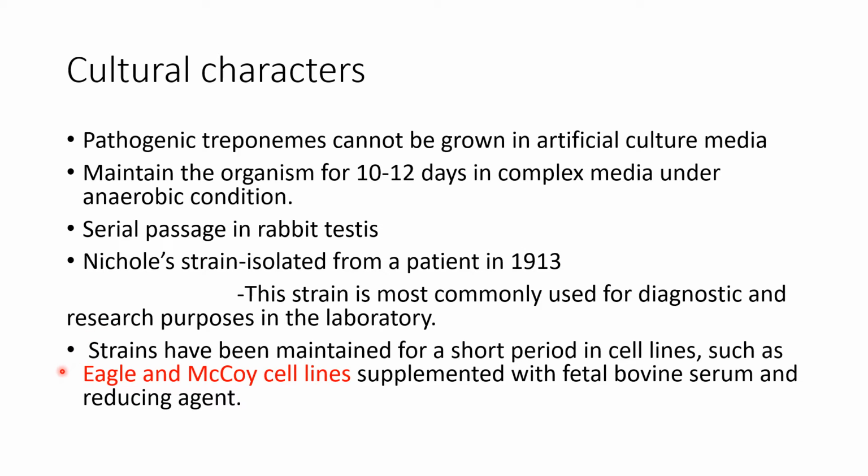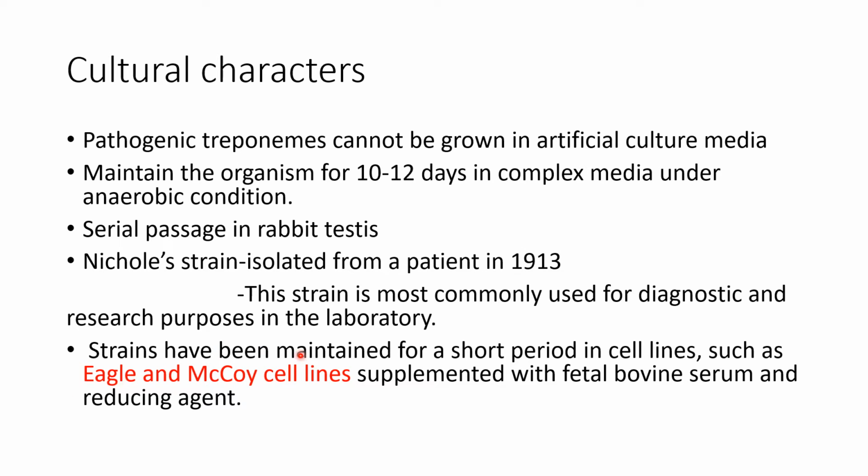Now, there are certain strains which are non-pathogenic in nature, and they have been maintained for a short period in cell cultures. Tissue cultures or cell cultures can sometimes be used, like Eagle and McCoy cell lines, along with fetal bovine serum and some reducing agent.